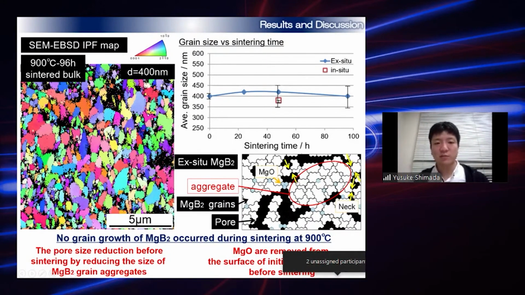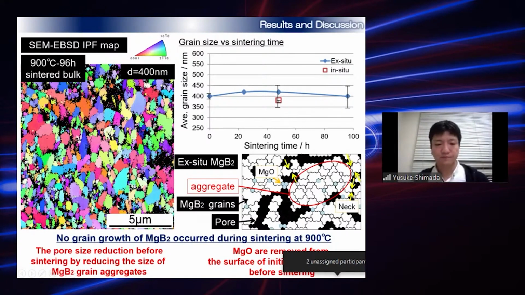Here shows the inverse pole figure map of the 96 hours sintered bulk, and here shows the relationship between the grain size and the sintering time. So the grain size of MgB2 hardly changes even with sintering for 96 hours.